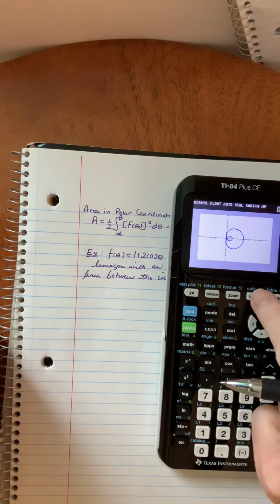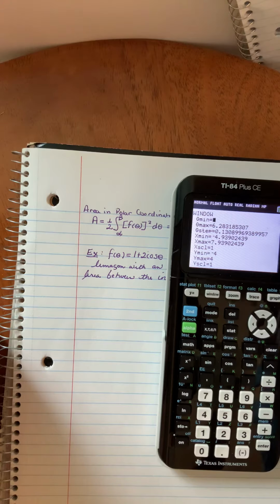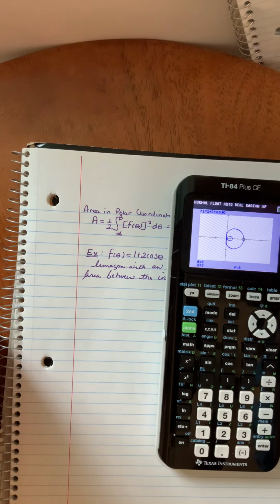Now, when I trace, it's going to start at 0 because my window is set up with theta values from 0 to 2 pi. So if I hit trace, it's going to start at angle 0. And if I start going forward, notice how it goes like this, then I go to there.